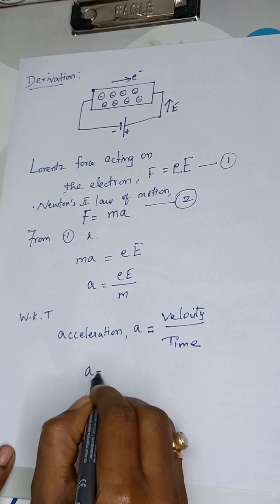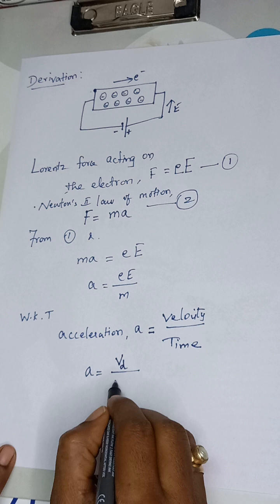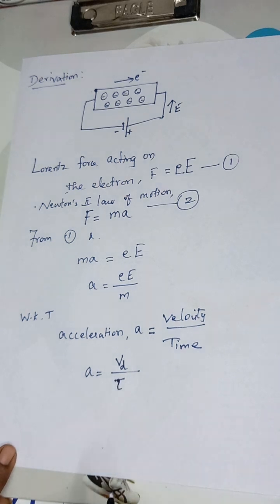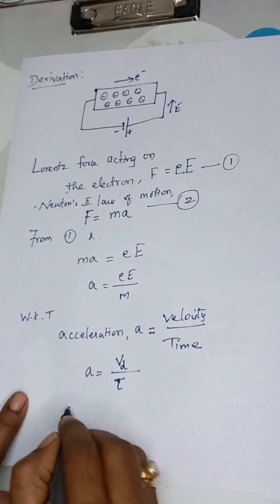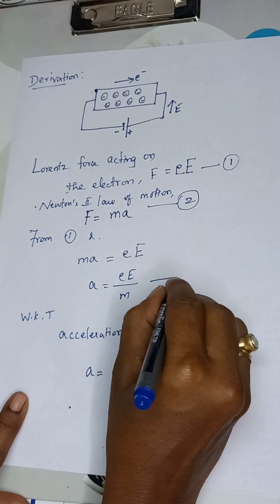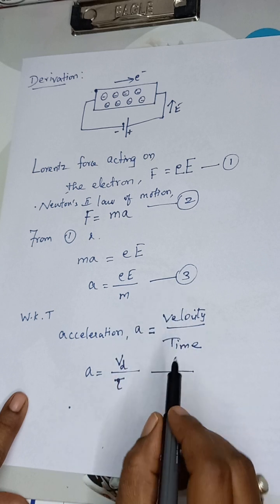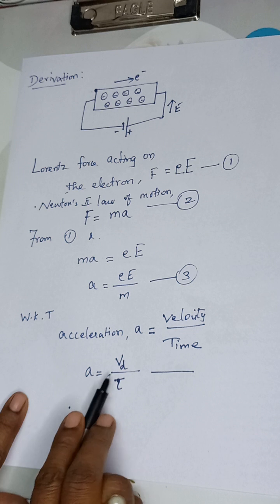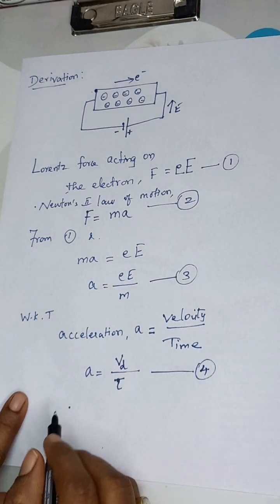So a is equal to Vd divided by tau, the relaxation time. Acceleration a equal to eE by m is taken as equation 3, and by definition we have written a as Vd by tau. This can be taken as equation number 4.